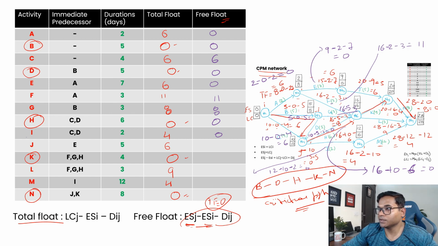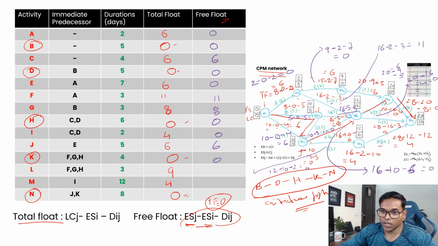Okay, then for J, J is here, and this is a node 20 minus 9 minus 5, right? So 20 minus 14 is 6. And then for K, where is K? K is this one. Let me pull it here. So for K, this is the node, and 6 and 8. 20 is the ES minus 16 minus 4, which is basically 0.